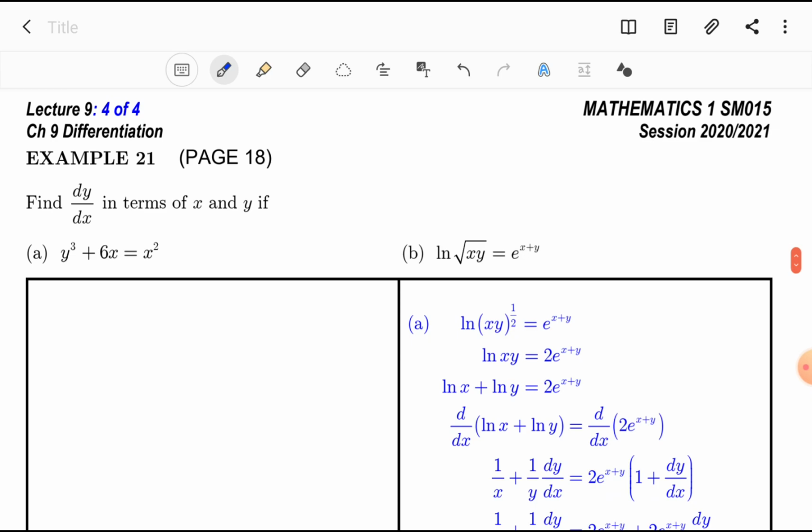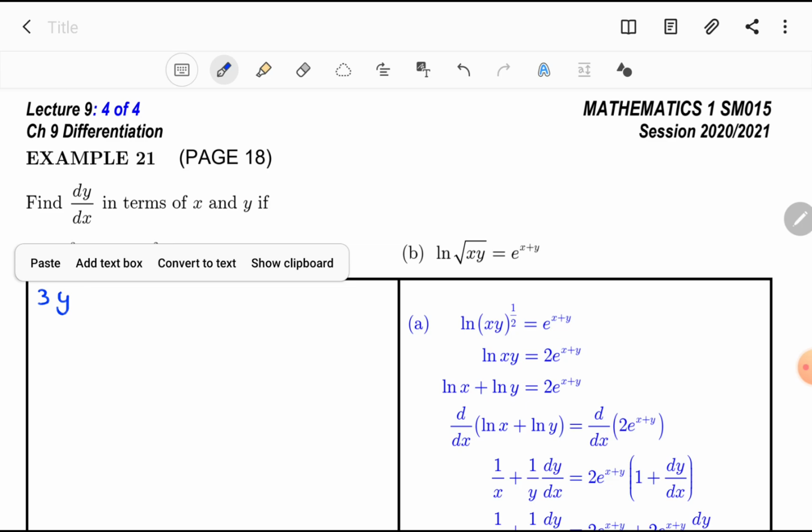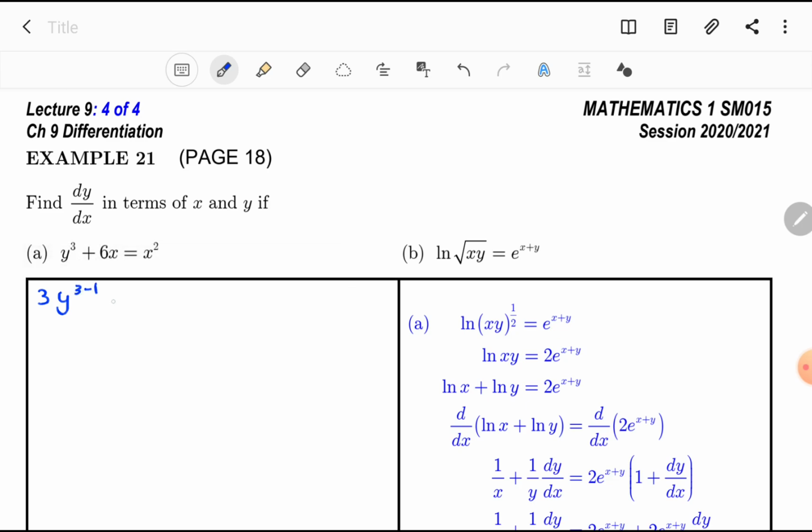Next, we go to the example. Example 21 on page 18. y cubed plus 6x equals x squared. So we need to differentiate term by term. For y cubed, the derivative of y cubed will be 3, bring down the power, copy the function, and then reduce the power by 1.